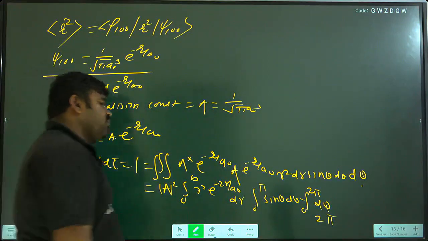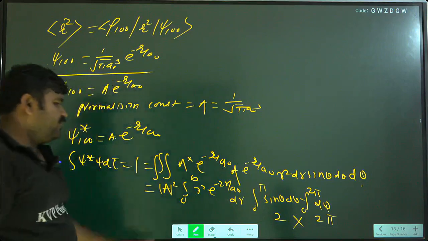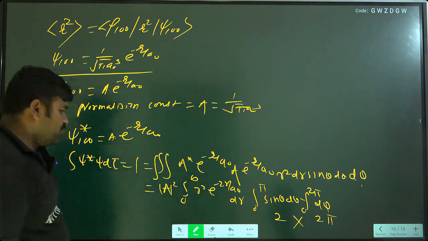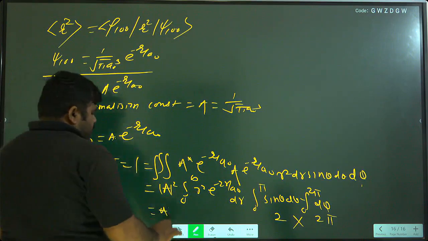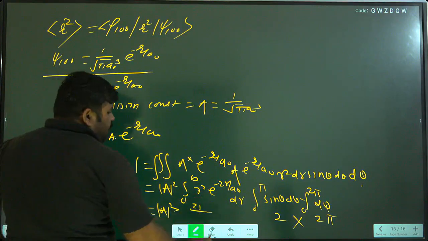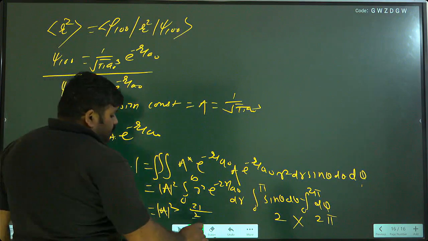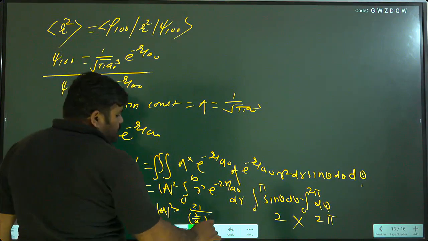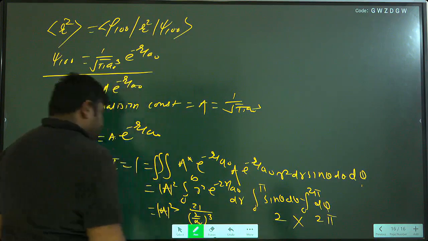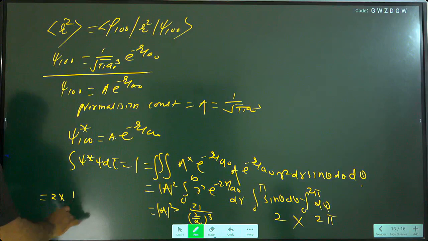Next, the sin theta d theta value is 2, into 2 pi. Using the n factorial formula, mod a squared, n factorial upon a to the power n plus 1, that means 2 factorial upon (2 upon a naught) cubed, into 4 pi.